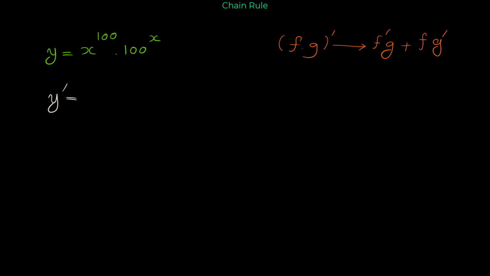Derivative of x to the 100 is 100 x to the 99 times the second function, which is 100 to the x, plus the first function multiplied by derivative of the second function. Derivative of 100 to the x, based on the derivative of exponential function, is 100 to the x times ln of 100.